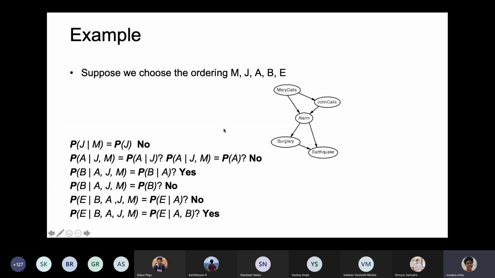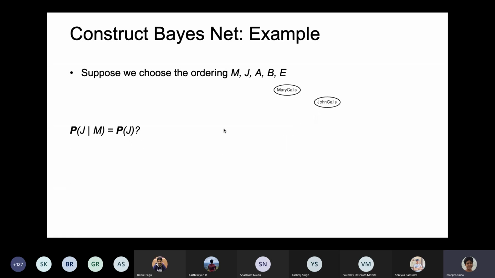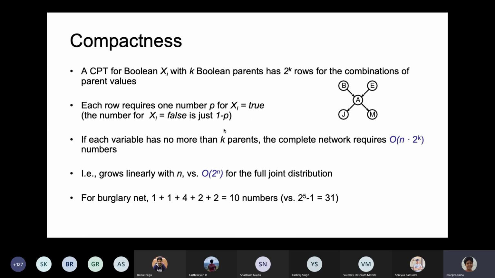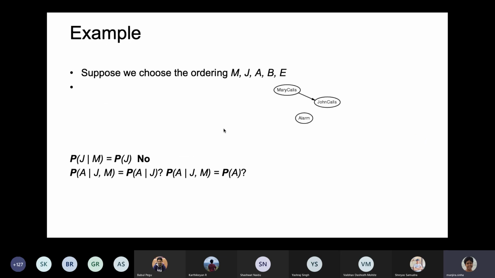That is why I stopped at first, because we were just seeing the exact opposite: what is the probability that John calls and Mary does not call given the alarm went off and the burglary happens and the earthquake happens. So we will discuss this construction in tomorrow's class, because otherwise what we have discussed till now and this one will be completely messed up.